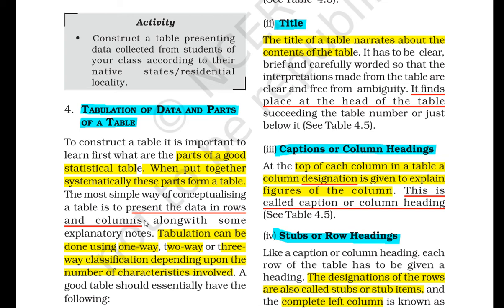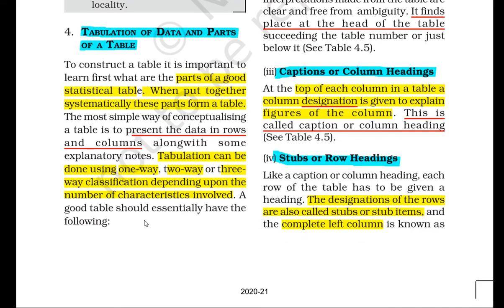The number of rows and columns can increase according to the need and characteristics of the data. If there is more than one characteristic, it is two-way data. There is one-way tabulation, two-way tabulation, and three-way classification of data.